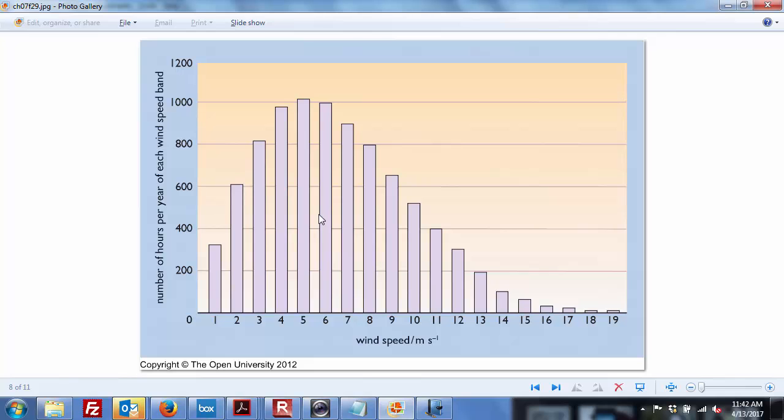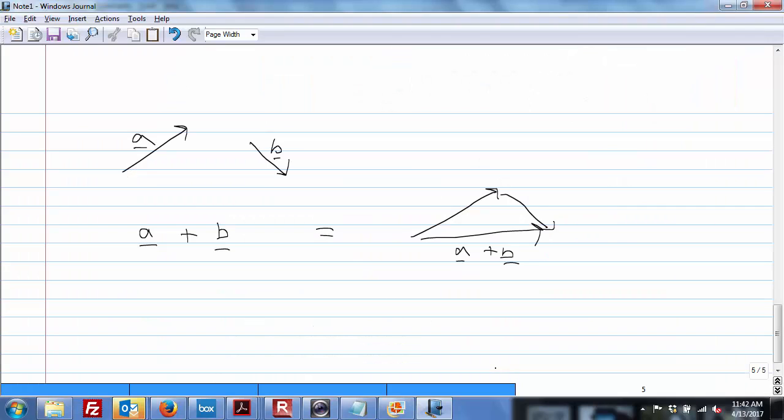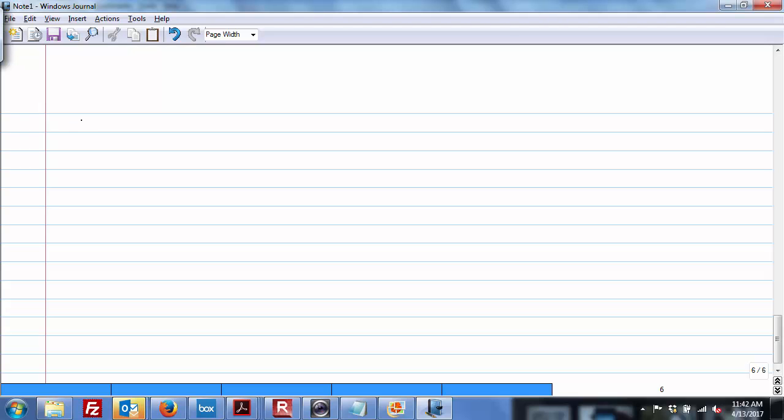Okay, now this is just more or less a histogram. So think back to that drag and lift equation. What we've done here is multiplied the probability of finding a certain wind speed by the power at that speed. So we just looked at the power curve, right?